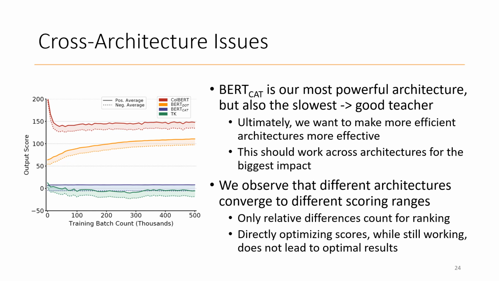One issue that we noticed when looking at different architectures in information retrieval is that starting from the most powerful architecture, which is BERTDOT, we observe that different models converge to vastly different output score ranges during their training because of their architecture.